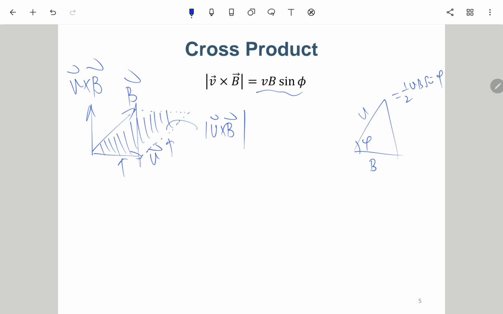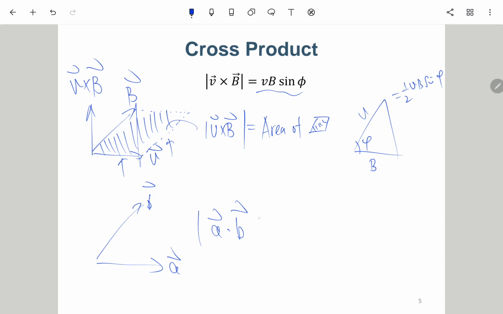So this is a parallelogram, and this is the area of the parallelogram (所以这个是这个平行四边形的面积).